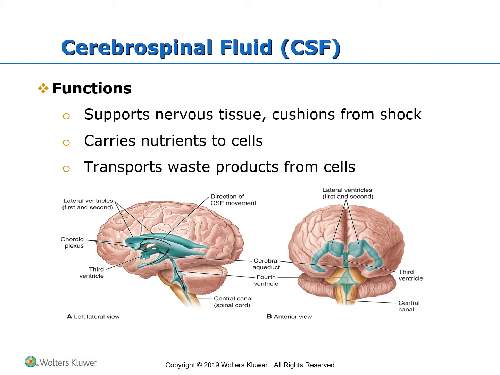The main functions of the cerebrospinal fluid, or CSF, are to support the nervous system and cushion it from shocks that may be encountered during everyday life, and also to carry nutrients to the cells, both the nervous cells and the support cells, the glial cells, along with transporting waste products out from the cells.